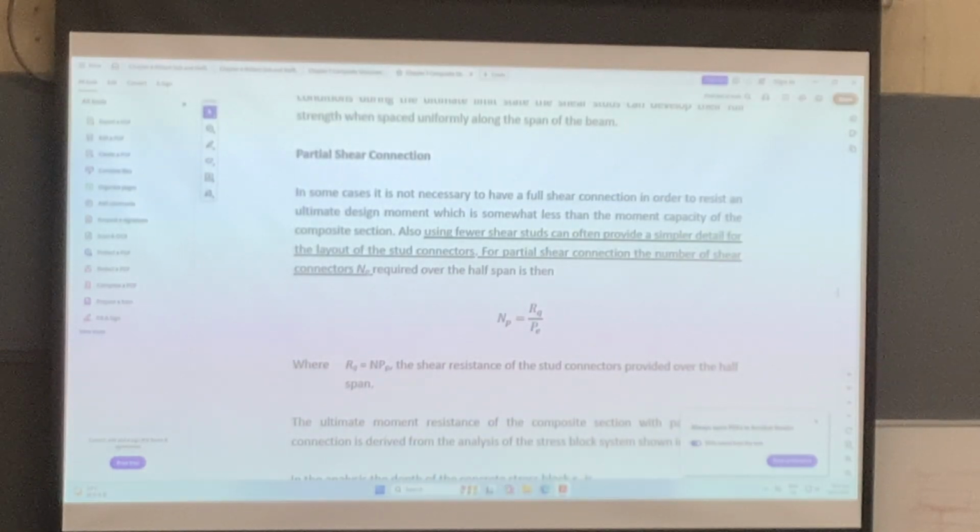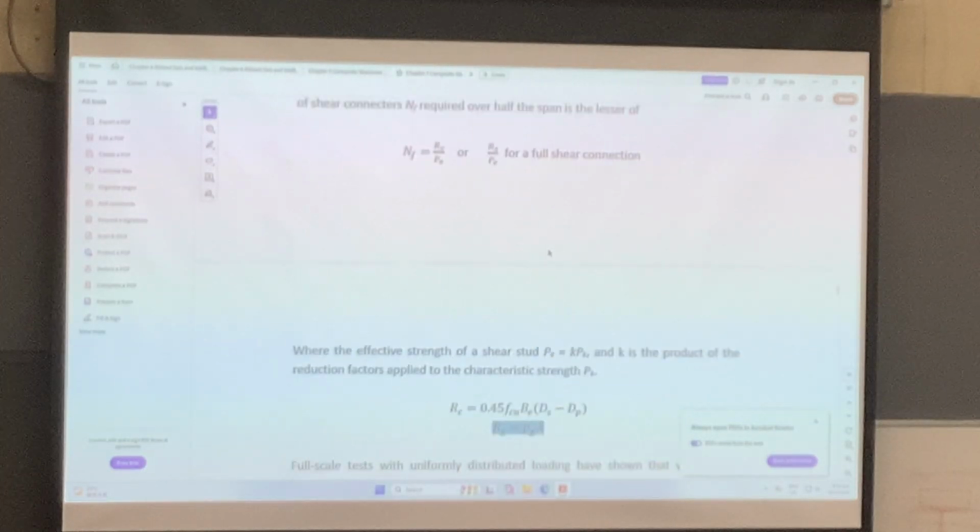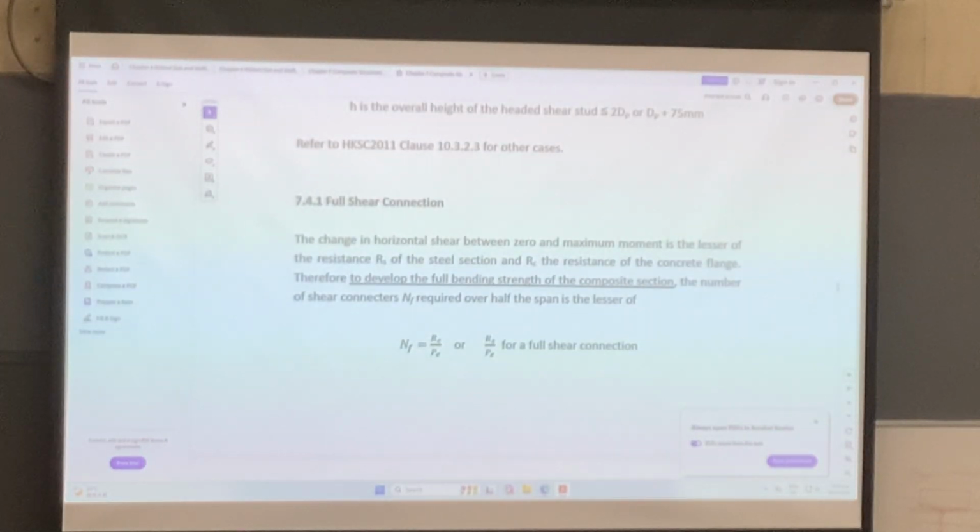Of course, if you can provide enough shear studs, then you have the so-called full shear connection. That means you can mobilize the moment capacity of the composite section.